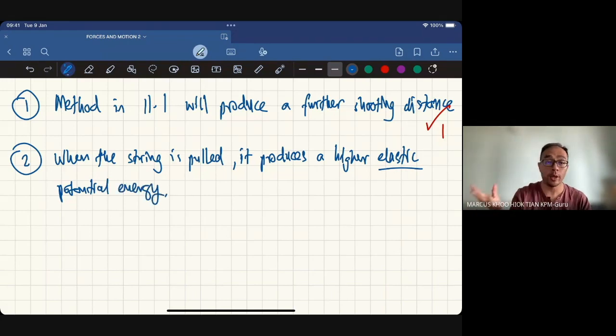In 11.1, because you pull further, you have a higher elastic potential energy.